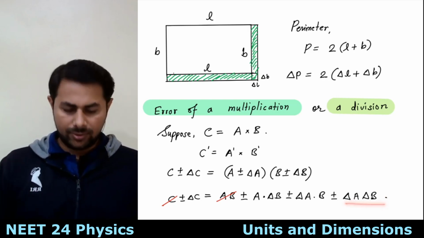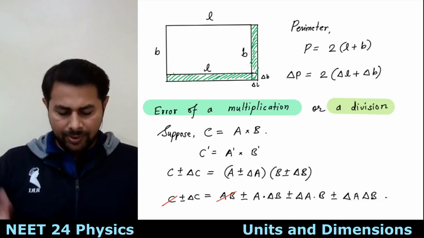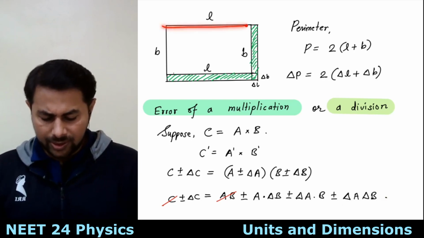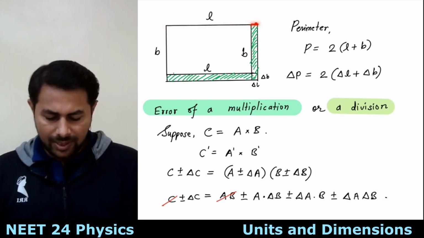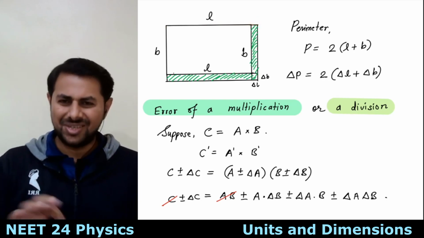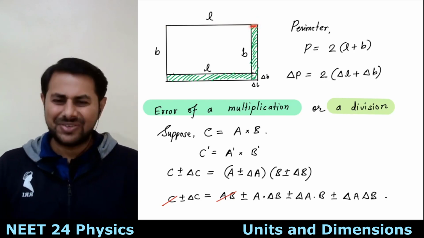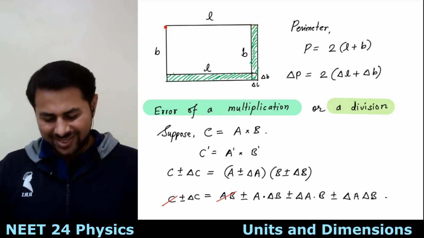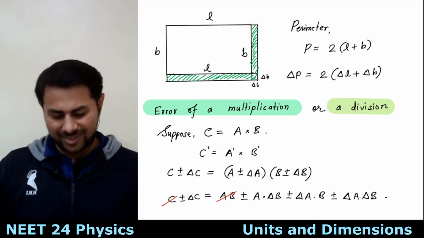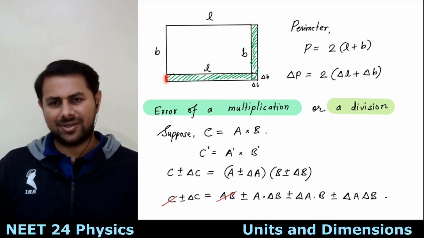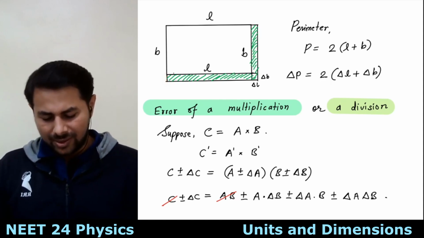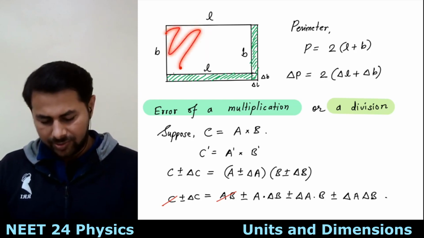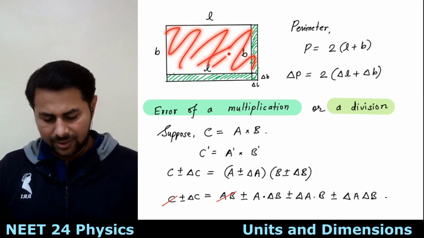Okay, so if I want to tell you an example, suppose this is the real length of the rectangle, and this much is the error. This is still a very big error. Okay, suppose this is some error. This is the breadth, right, and this much is the error in breadth. So actual area would be this much, right? This much would be the actual area.